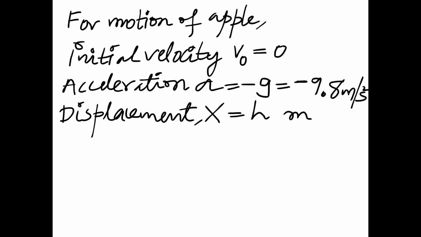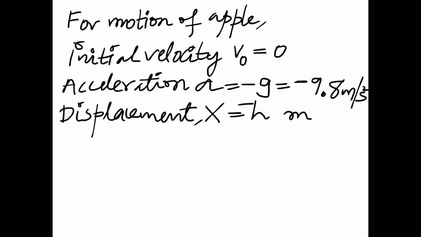We have considered that. As it is falling down, I will consider it as minus h. Whatever we take in the downward direction, we'll consider as minus, and whatever we consider in the upward direction, we will consider as positive, plus.